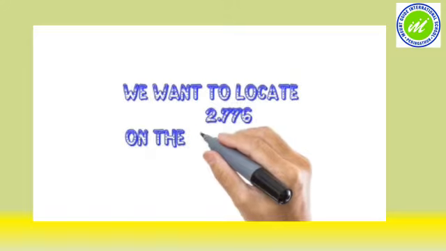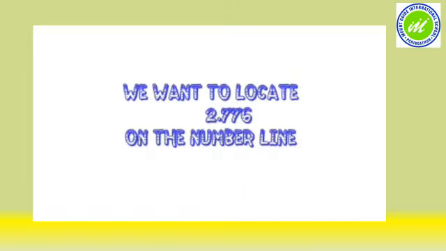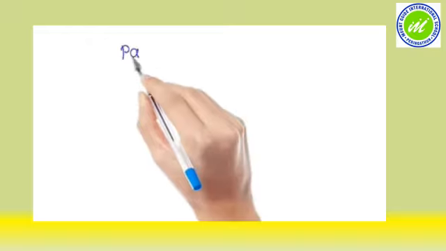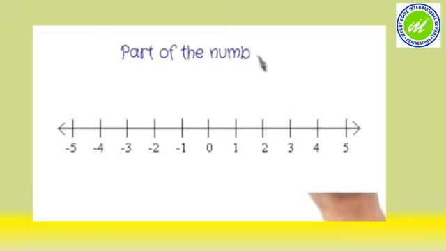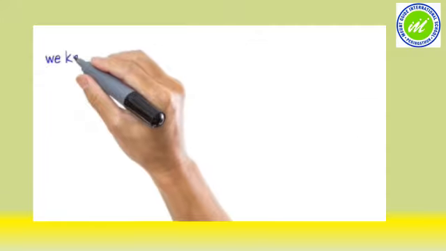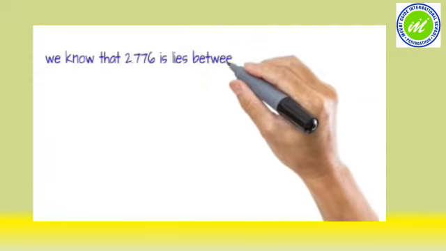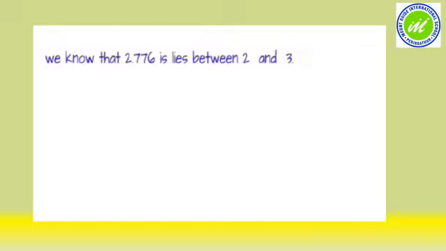Suppose we want to locate 2.776 on the number line. We know that this is a terminating decimal and this lies between 2 and 3.